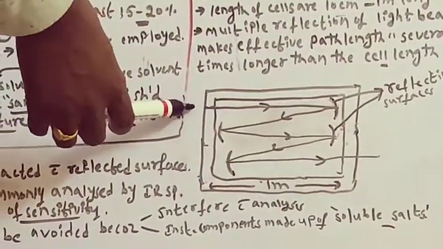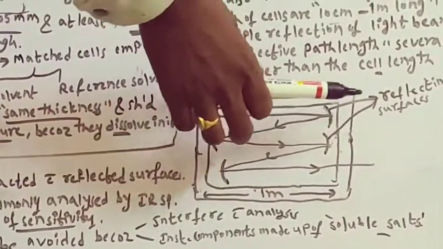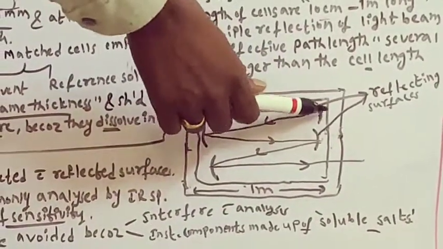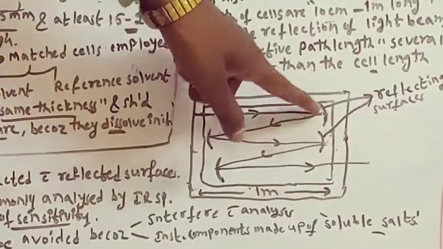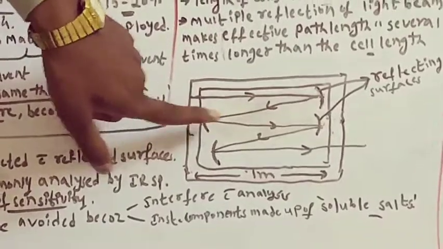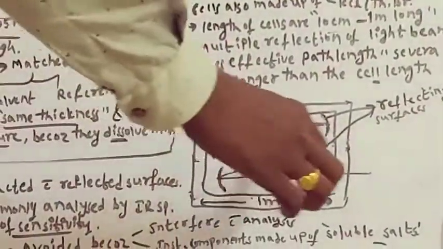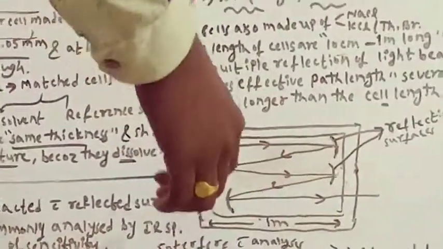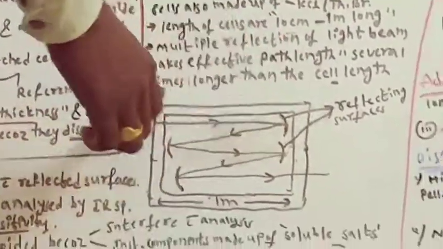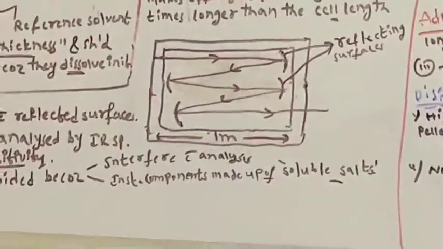Then the radiation coming from the source falls onto the gas sample cell and focuses onto the reflecting surface. Whenever it strikes a reflecting surface, it reflects towards another one, and from here to another, finally reaching the detector. All this makes the effective path length several times longer than the cell length. That is the thing.